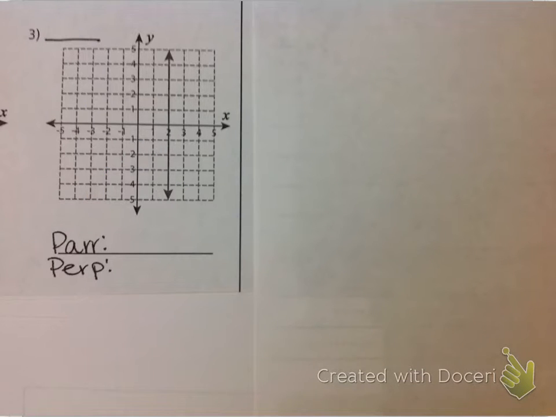Okay, let's take a look at number 3. So at the top, we're going to write positive, negative, undefined, or zero slope. This line is straight up and down, which would make an undefined slope. And now we just need to find the equation to that line right here. And then we need to find a parallel and a perpendicular line.